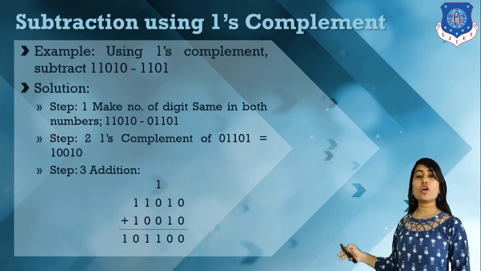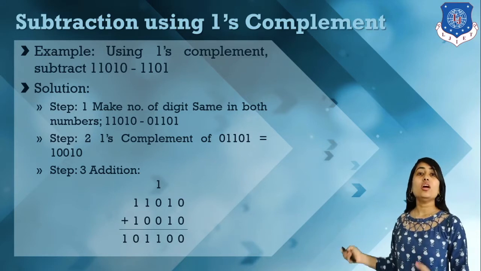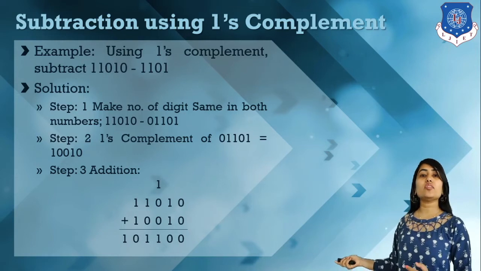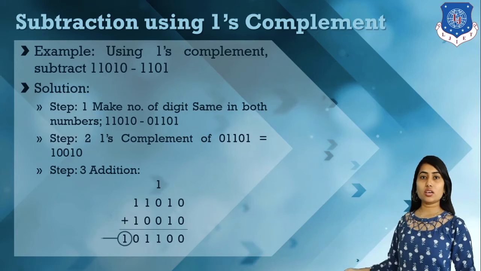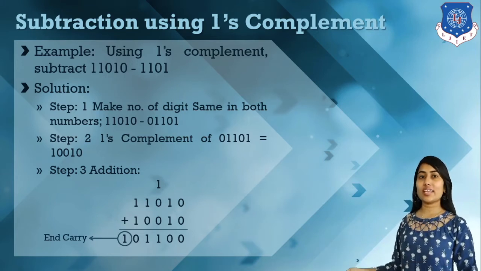Here we perform binary addition. Now after addition, if we observe the summation bits, here we have an end carry. So how can we get our correct answer bits?